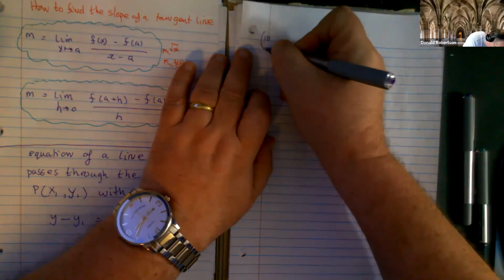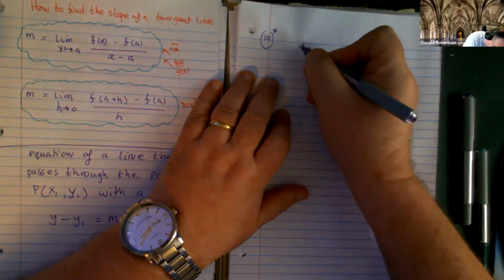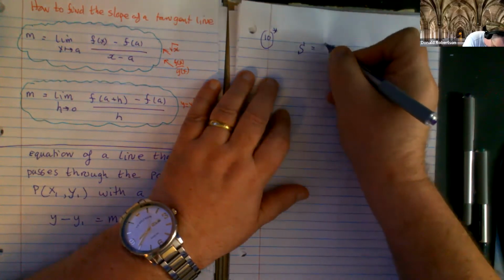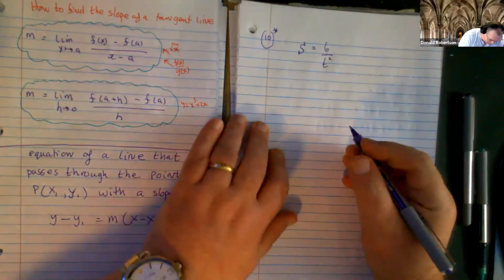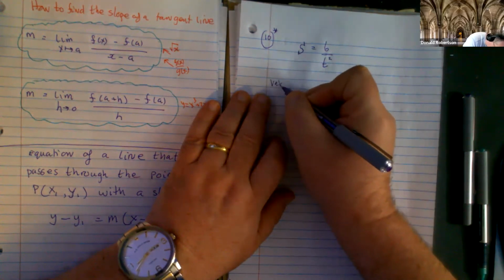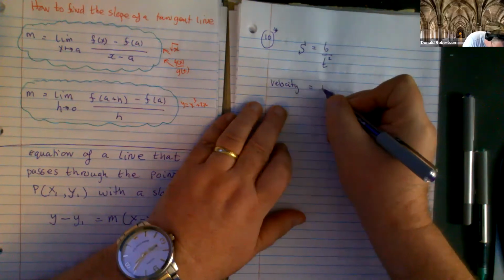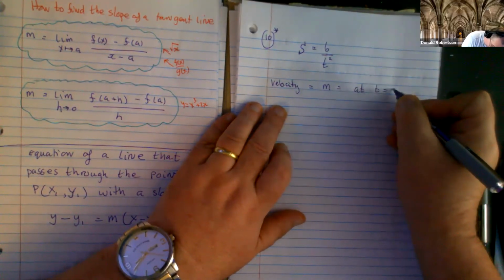Time for one more. Question 10. Your position, S, is given by 6 over t squared. And we are being asked to find its velocity, which is the same thing as finding its slope at t equals a.